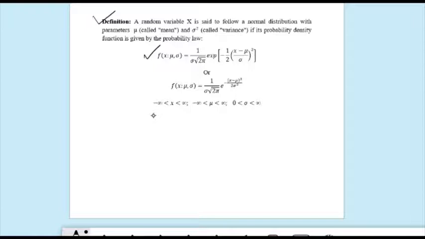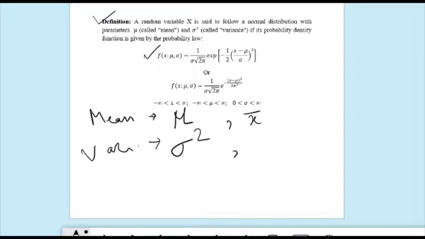Now, if we have a set of data, we can easily find out the mean, which is denoted by mu for the population and x bar for the sample. Again, you can find out the variance from the same set of data, which is denoted by sigma square for the population and small s square for the sample.